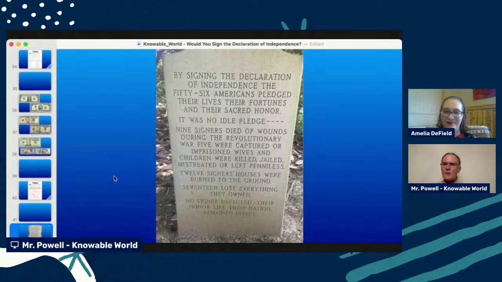By signing, I'm just going to read right off of this historical marker here. By signing the Declaration of Independence, the 56 Americans pledged their lives, their fortunes, and their sacred honor. It was no idle pledge. 9 signers died of wounds during the Revolutionary War. 5 were captured or imprisoned.